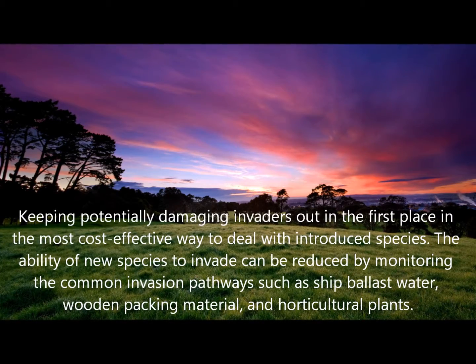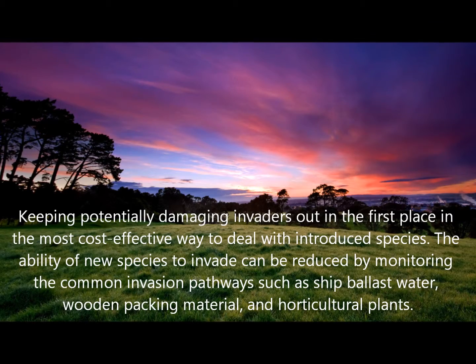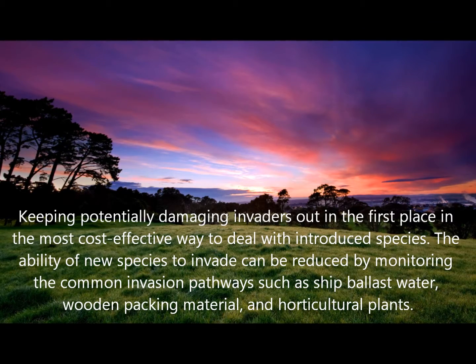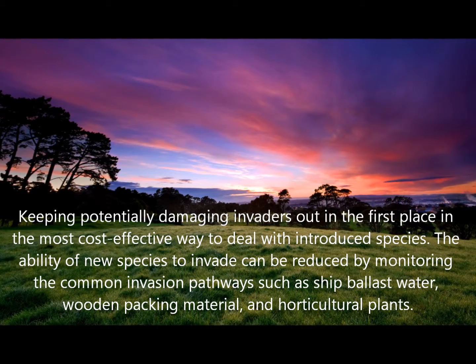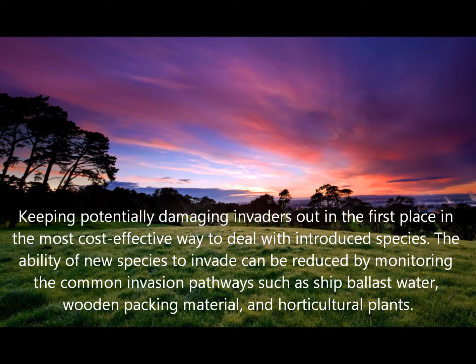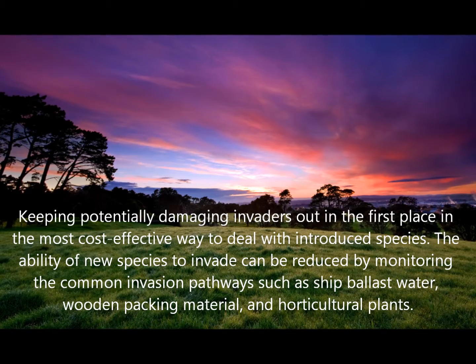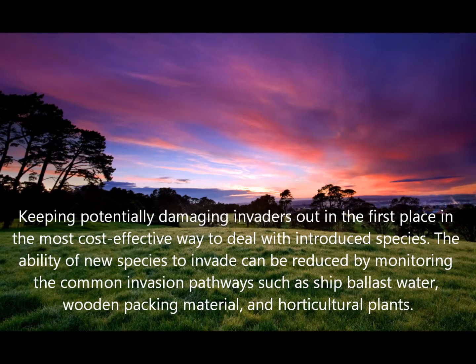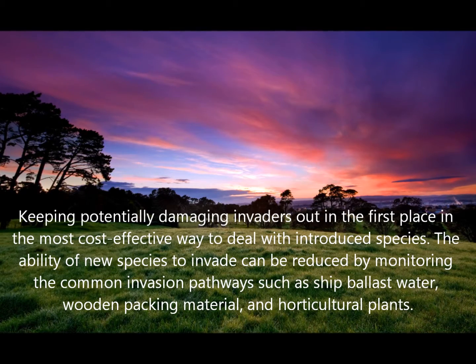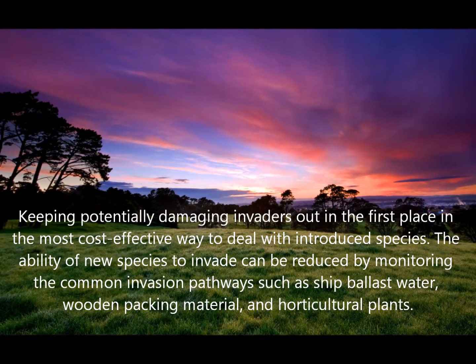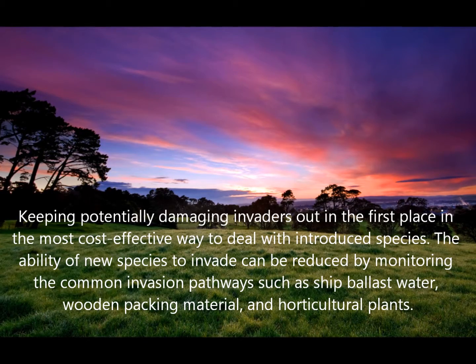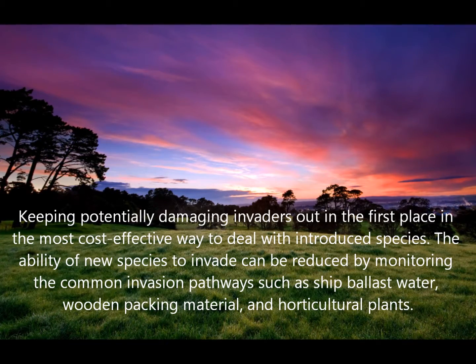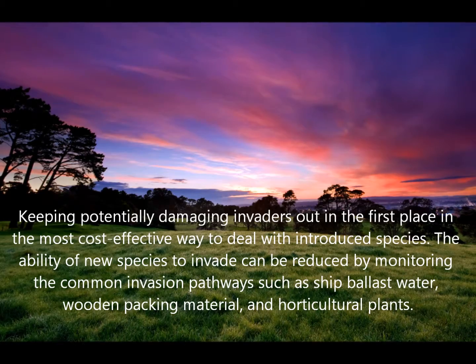Of these five strategies, keeping potentially damaging invaders out in the first place is the most cost-effective way to deal with introduced species. The ability of new species to invade can be reduced by monitoring the common invasion pathways, such as ship ballast water, wooden packing material, and horticultural plants.